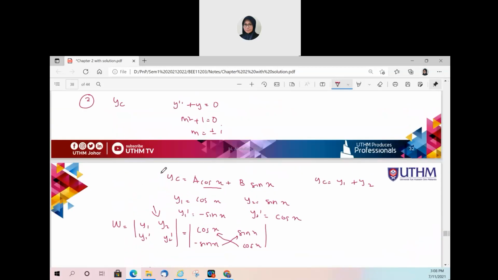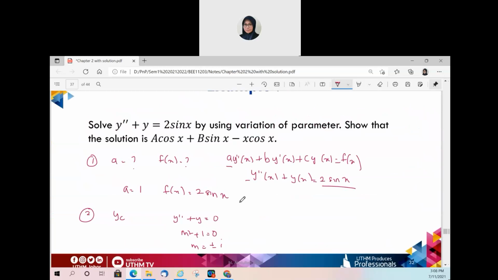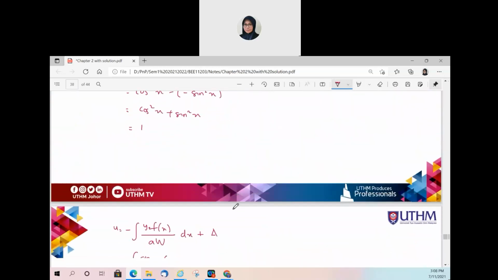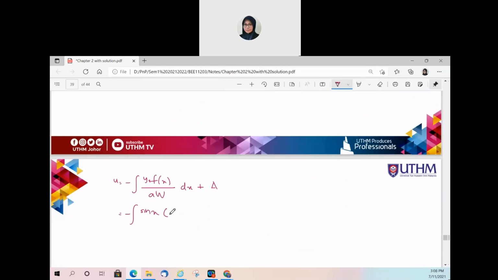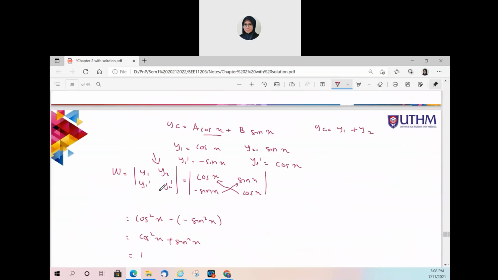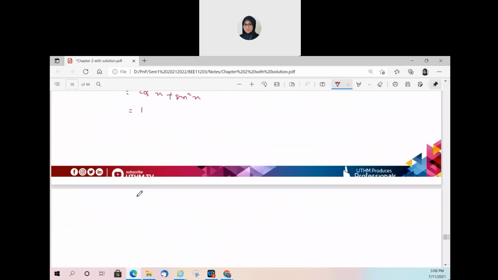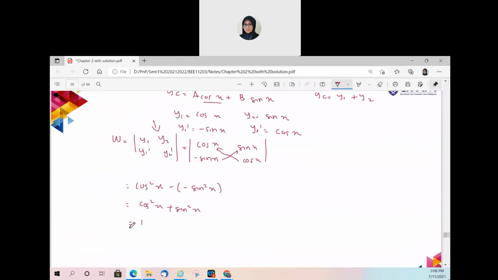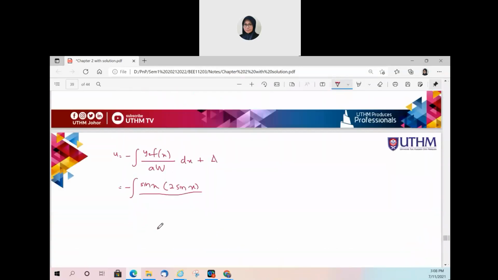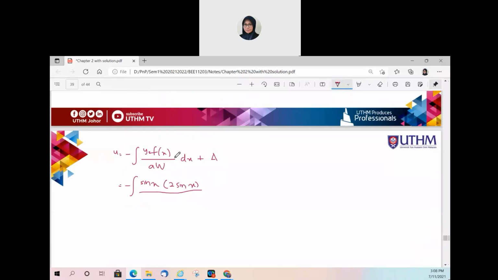So what is our fx? 2 sin x. Divided by aW. So what is a? a is 1 and W is also 1. So 1 times 1 is 1.